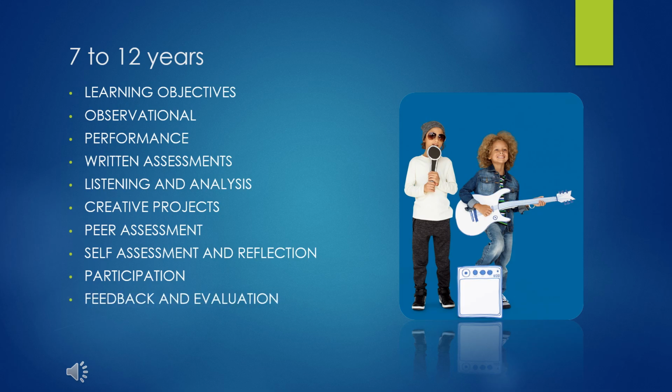10. Feedback and evaluation. Provide timely and specific feedback to students on their performances, assignments, and projects. Focus on both strengths and areas for improvement and offer guidance for further development. 11. Student progress tracking. Keep records of students' progress over time, including assessments, feedback, and observations.